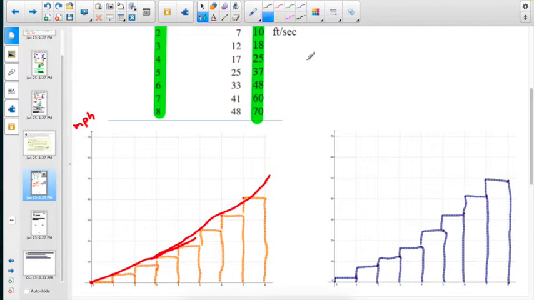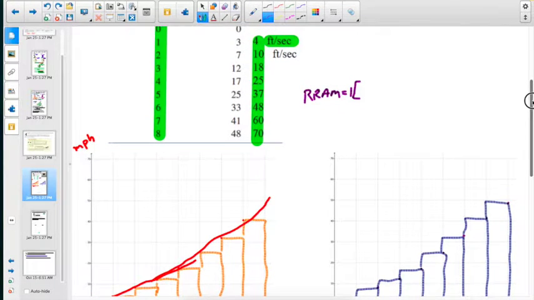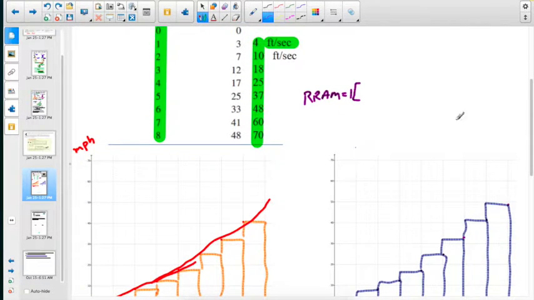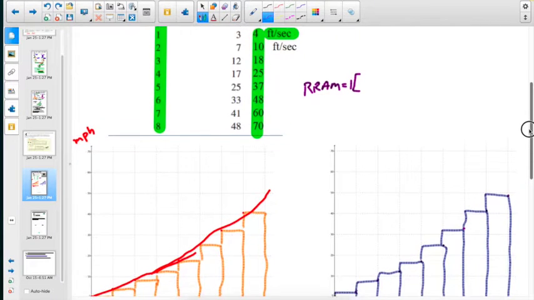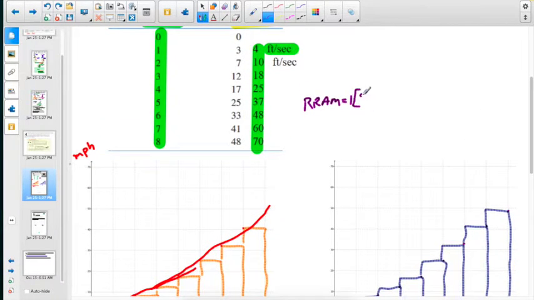So our right RAM here is 1 times the quantity, skipping the first value, which is 0. So we'll start with that first rectangle height, which is 3 miles per hour, ends up being 4 feet per second. So we have 4 plus 10 plus 18 plus 25 plus 37 plus 48 plus 60 plus 70.